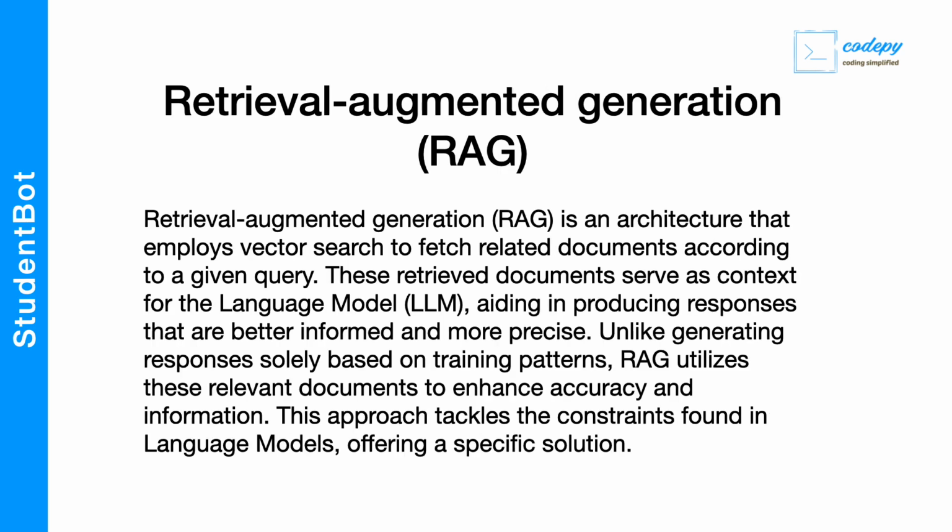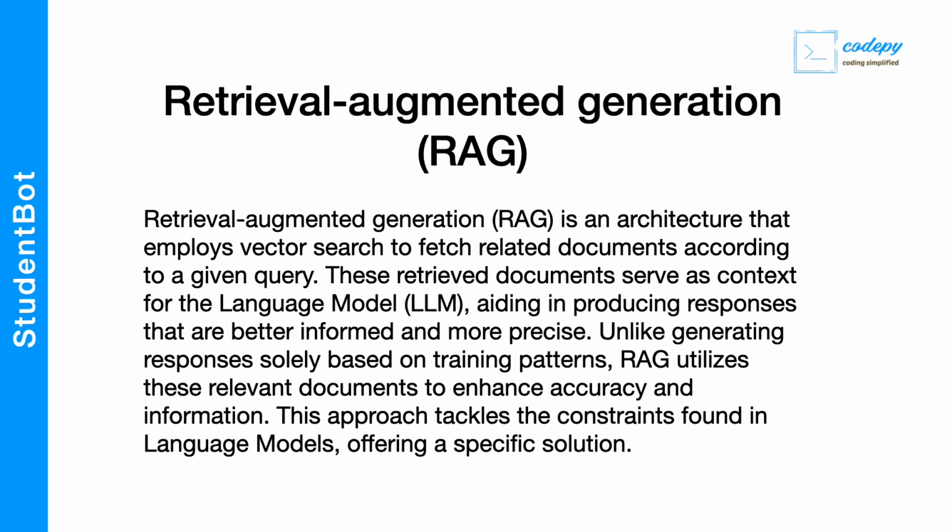Next, retrieval augmented generation RAG. Retrieval augmented generation RAG is an architecture that employs vector search to fetch related documents according to a given query. As we have discussed previously, LLMs do not have knowledge of recent information or information outside of the LLM's learning source.